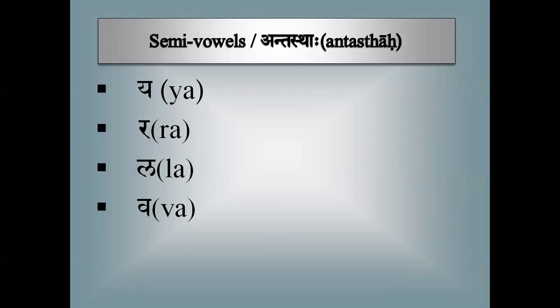Really speaking, r and l have both the vowel component as well as the consonant component. Further, if you study Shiksha Vyakaranam, the acharyas say that these two vowels, r and l, have the component of vowel as well as the consonant.